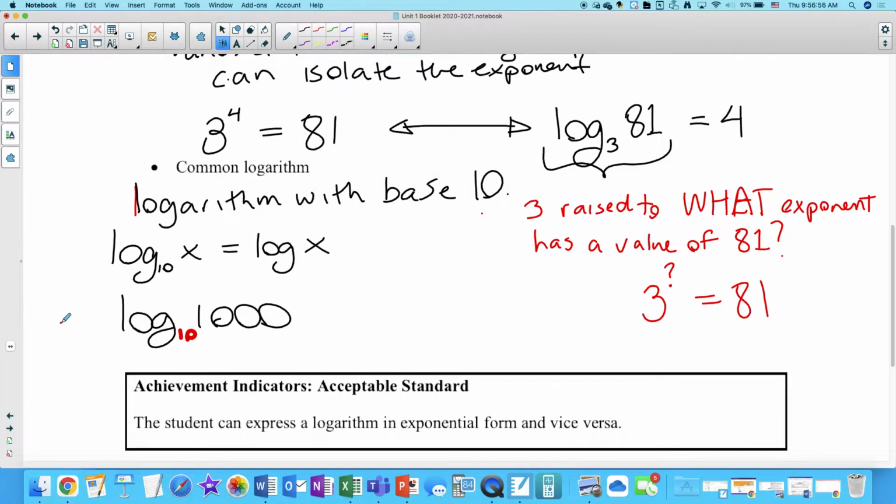If you want to write it in yourself because it helps you to remember, that's totally fine, but you won't see it written that way. What we are asking is: 10 raised to what exponent equals 1,000? 10 to the power what equals 1,000? Yeah, 3. So the value of this is 3.